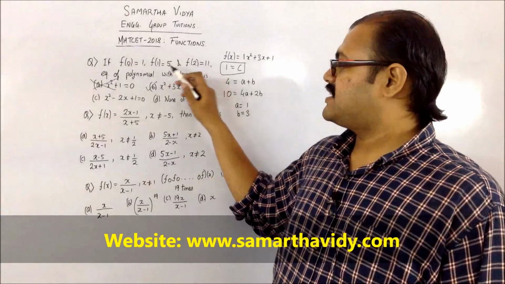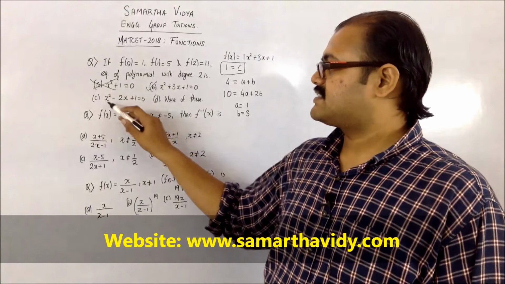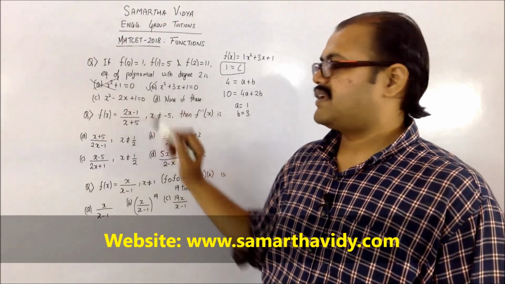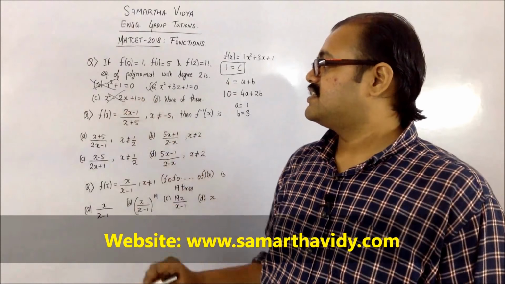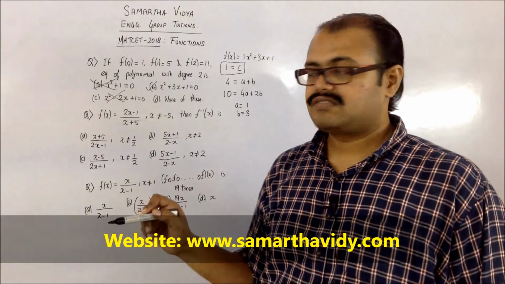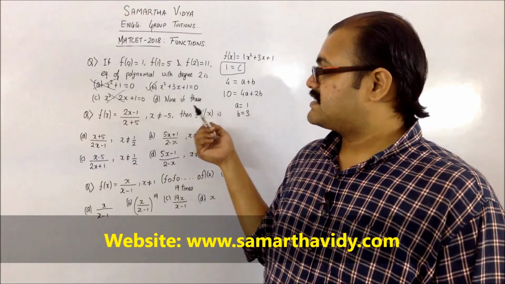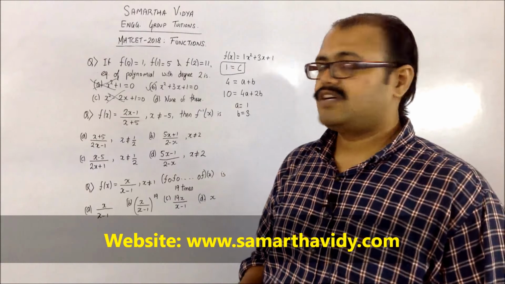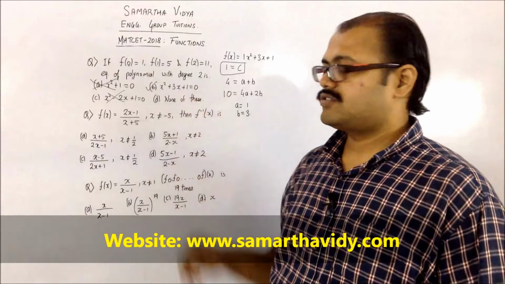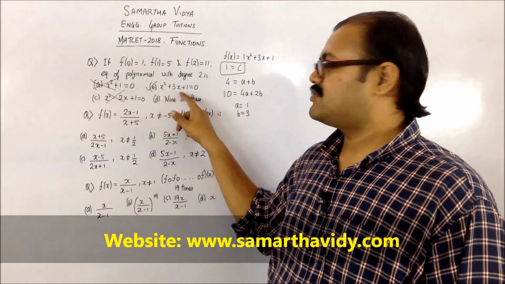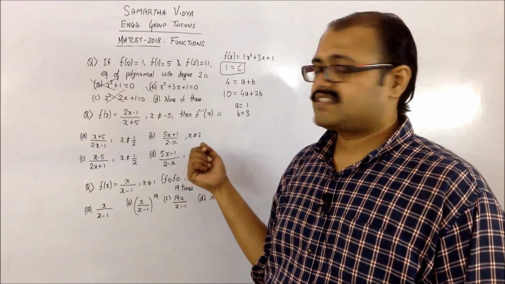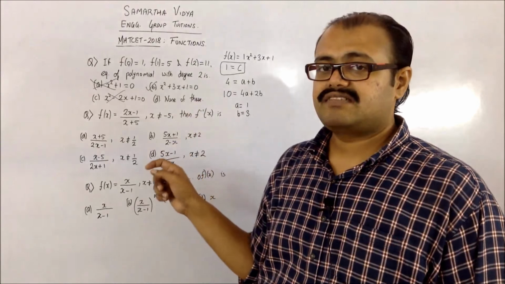If you substitute 1 in this, you will get 1 minus 2 plus 1, which again does not satisfy the equation. So you will ignore that also. So the next thing is you have to check for 2. You will get 4 plus 3 into 2, which is 6, which is 10, plus 1, which is 11.